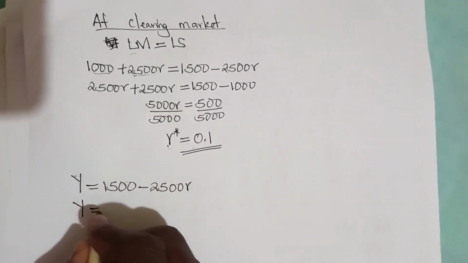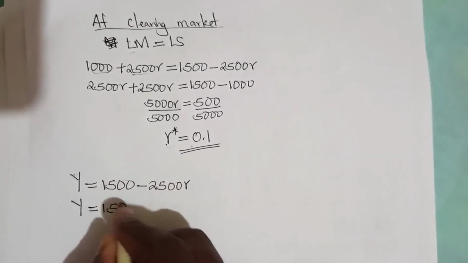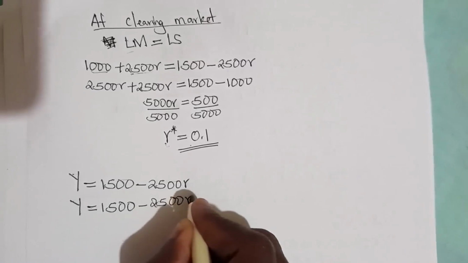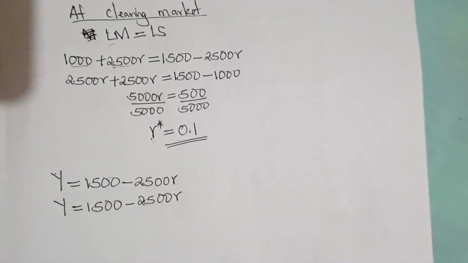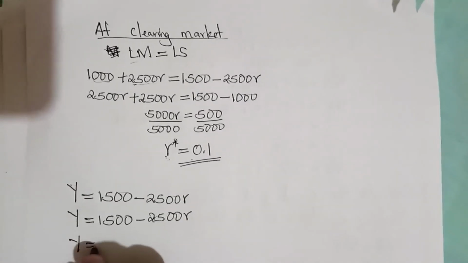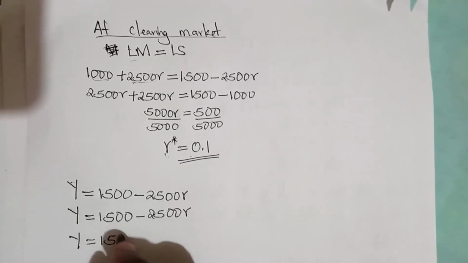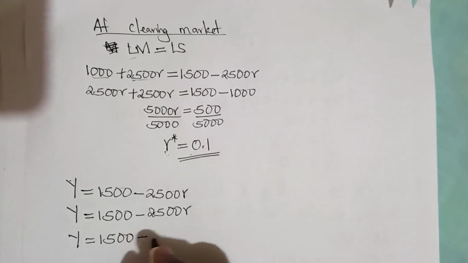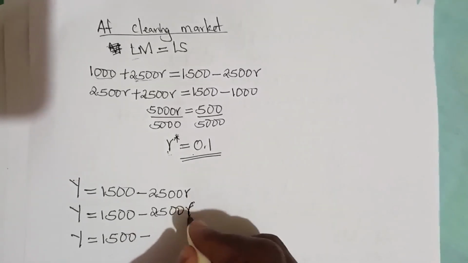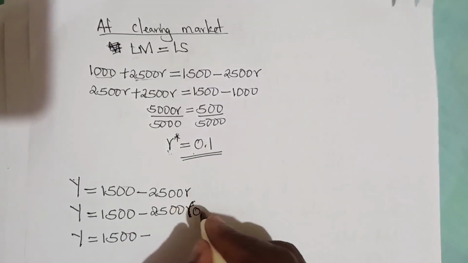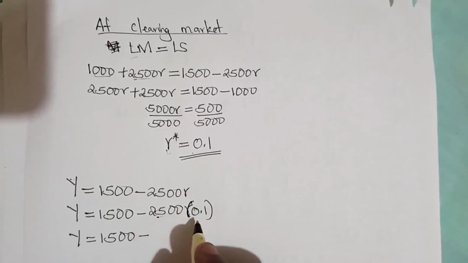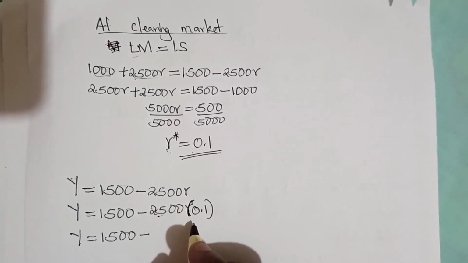So our Y will be given by 1500 minus 2500 R. So our Y will be 1500 minus, you are supposed to enter the value of R, which is 0.1. So what is 2500 times 0.1?